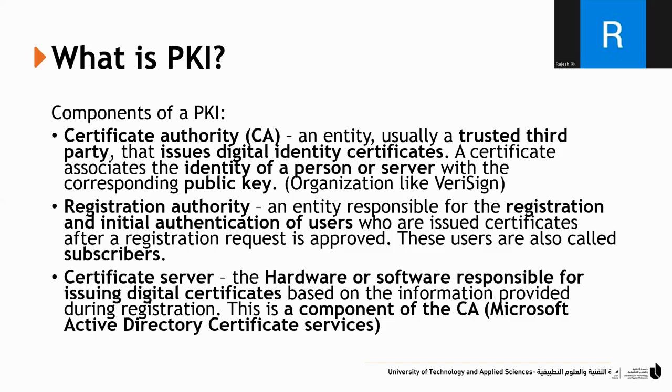So first, the user should contact the registration authority, and be authenticated by the server. Then only will the request be forwarded to the certificate authority. These users are called subscribers also.